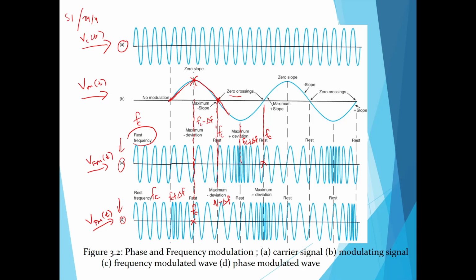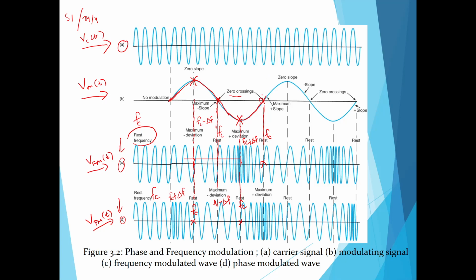And when the modulating signal reaches the negative peak amplitude, the output is at rest frequency, which is the carrier frequency. Then the modulating signal moves again towards zero crossing.